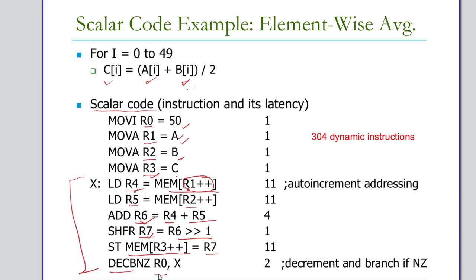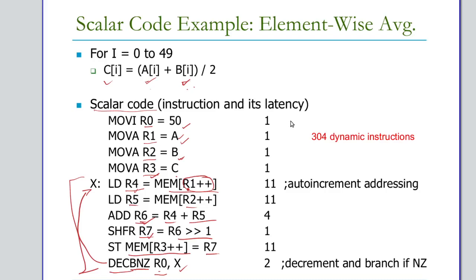So you decremented R0. R0 was 50, now it is 49. You checked whether it is 0 or not. If it is not 0, then you will have to branch. If not 0, branch to X. So from here you go to X again, and then you perform the same operation again, decrementing R0, and this is repeated 50 times.